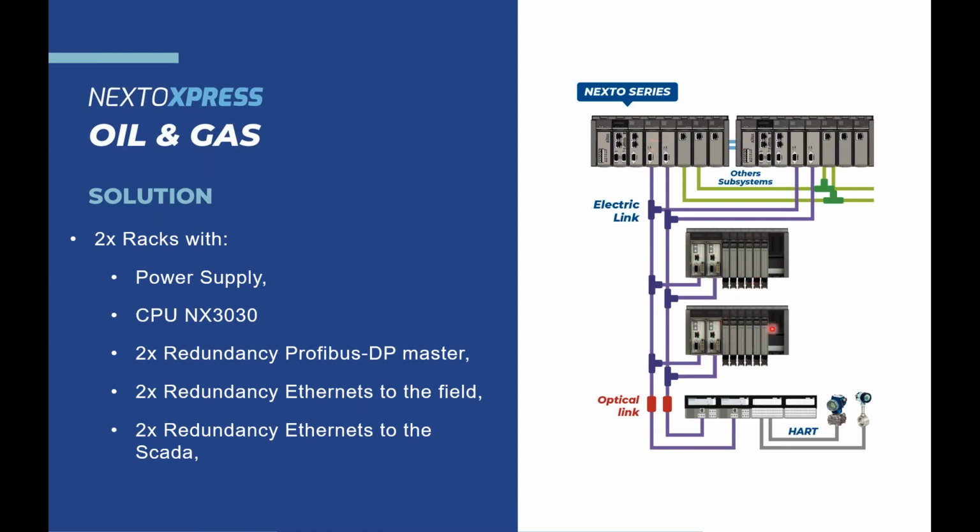And the other remotes don't know that we have a fail here in this wire or a fail in this module. Of course, the CPU has all this information and will raise a flag saying, hey, we have a fail in the cable, we have a fail in module B of the second remote, and we have a fail on the Profibus master on network A in the first half cluster.